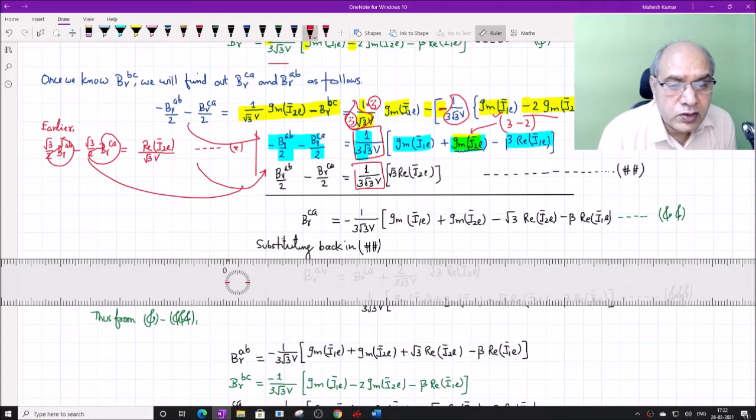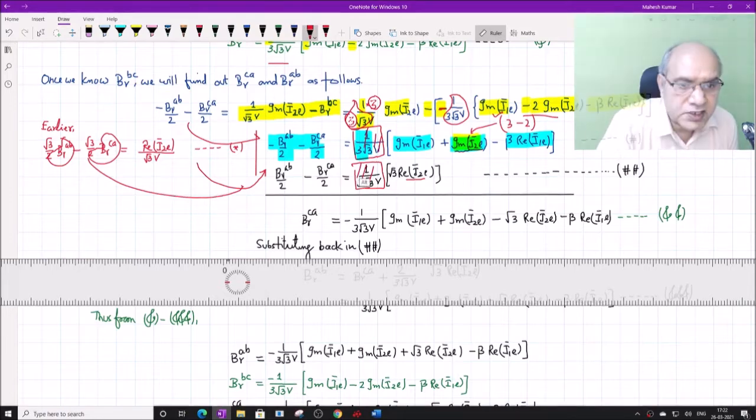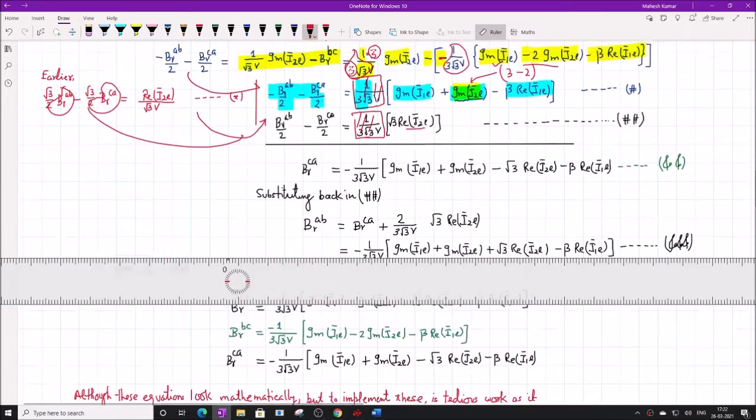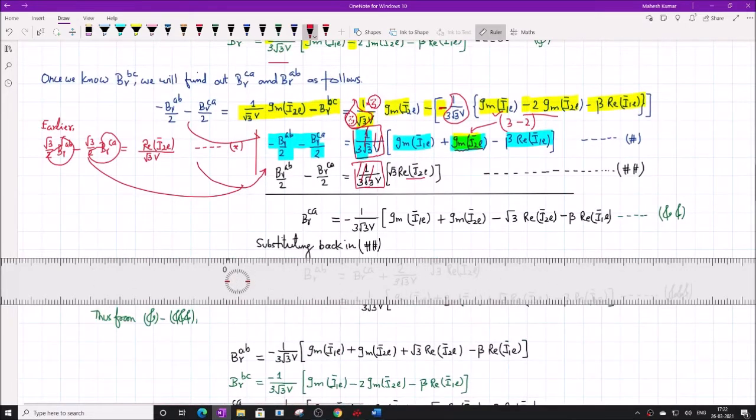So this becomes 3 root 3b and root 3 into real of I2L. Because then it becomes a common factor, this and this become common. Okay, and because of this we can simplify. Now it is very simple. Simply add them. If we add these components, then this will go away.